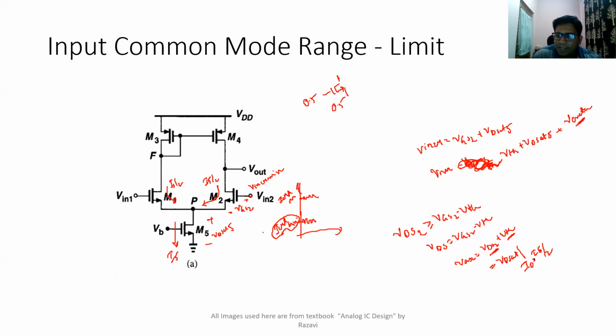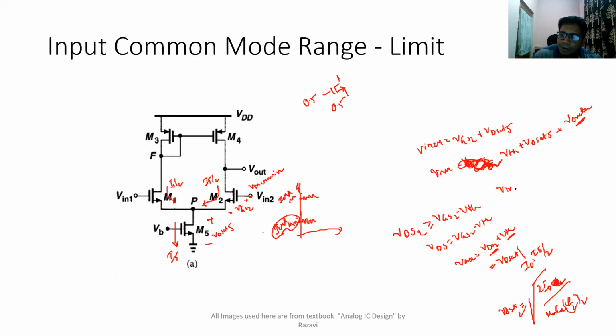And how will I get this VD sat? Again, you have an equation: under root of 2 ID divided by mu Cox W by L of the second transistor, with ID equal to I5 by 2. This is going to give you the VD sat of the second transistor, and that needs to be added. So that is the minimum.